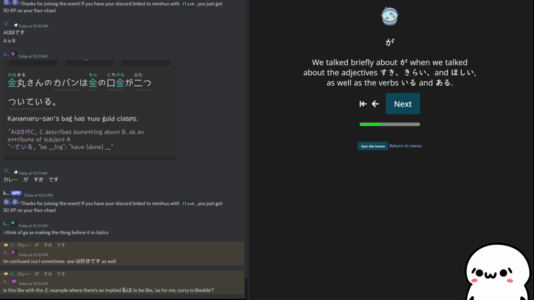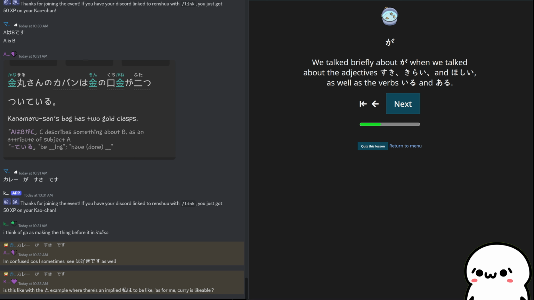And then you start talking about it. Nihongo wa omoshiroi desu. With this sentence, there's no underlying emphasis or nuance or anything. It's a very simple statement. Japanese is interesting.